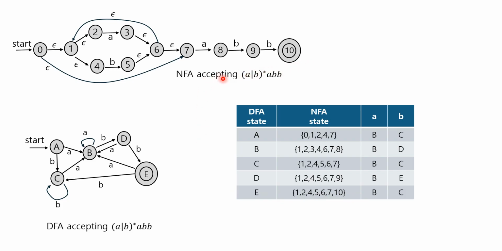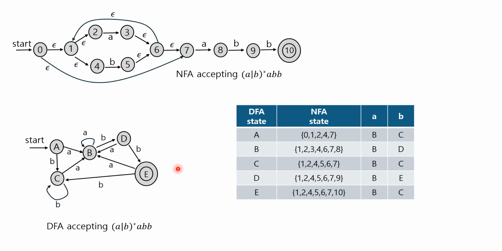In the NFA up here, state 10 is the final state, and because DFA state E includes state 10, which is the final state of the NFA, the DFA state E is the final state of the DFA converted from the NFA up here.